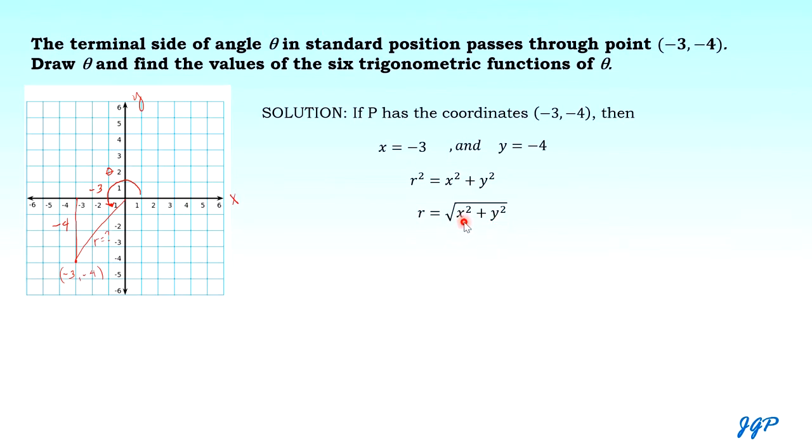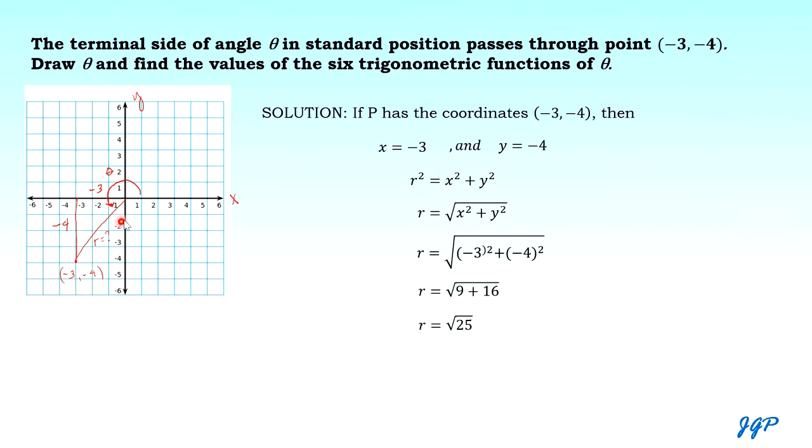So, let's replace x by negative 3. So, we have now negative 3 squared plus, we replace y by negative 4, that's why we have negative 4 squared. And by simplifying this, we have the square root of negative 3 squared, that is equal to 9, plus negative 4 squared, we have 16. And when we add 9 and 16, we have the square root of 25.